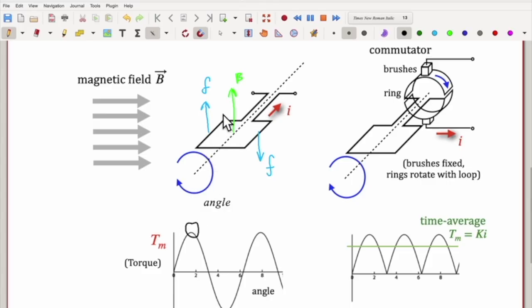Then if you were to allow it to rotate, it would go down this line here, and here corresponds to the location where there's no more torque. The torque is 0 when the magnetic field of the loop is in the same direction as the external magnetic field, so there's no torque.